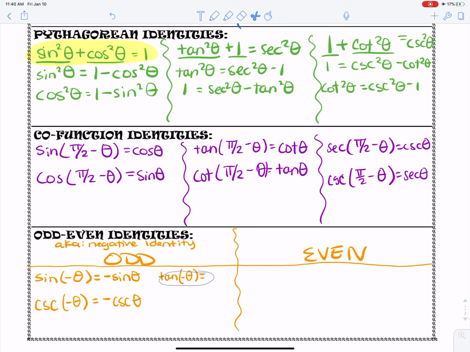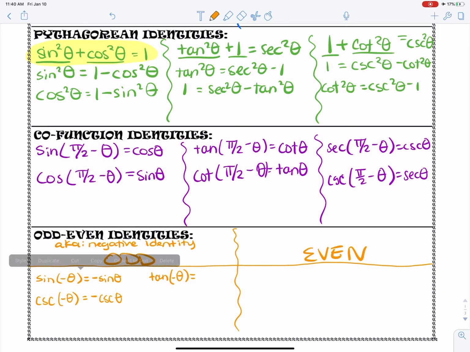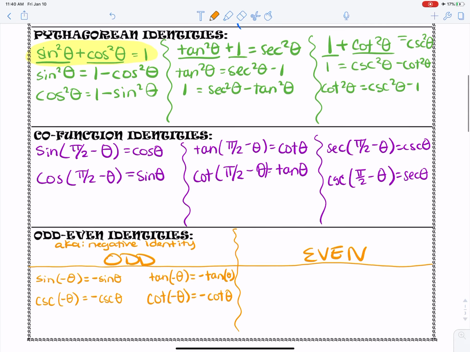And let's slide this over a little bit so I can have some room to write it. Negative tangent theta, and cotangent of negative theta equals negative cotangent theta. I remember these because both of these are the ones where your range ends up being the same spot.